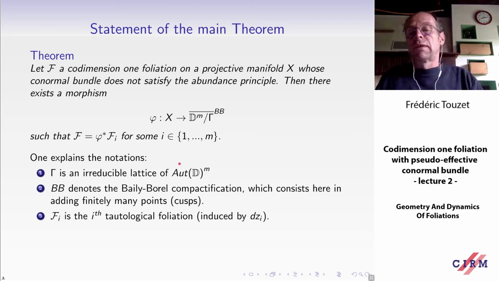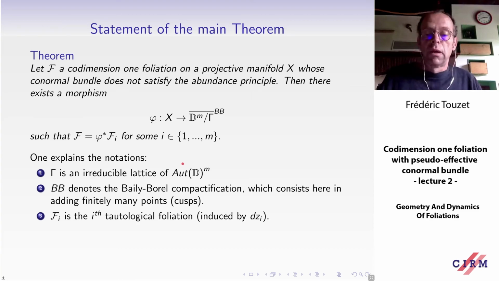Actually, recall that gamma is only a lattice, so it's not necessarily cocompact. There's only a finite covolume. And as I said also before, F_i is one of the tautological foliations, defined by the kernel of dz_i on the polydisc, which descends on the quotient by the diagonal action of gamma on this polydisc.